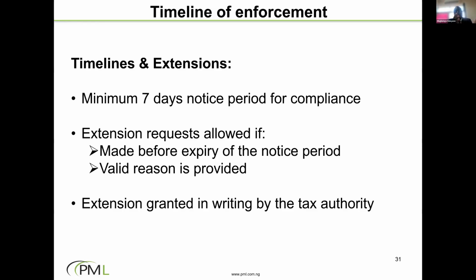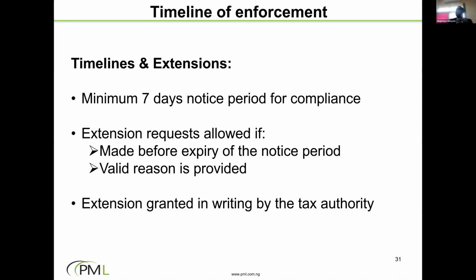So if you are supposed to respond to an issue within 7 days, and you still have some information you are gathering and need more time, before the expiration of that notice period you need to write the tax authority, indicate your concern and request extension. And there must be a valid reason for making this kind of request.